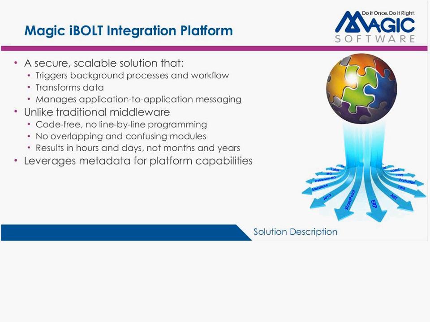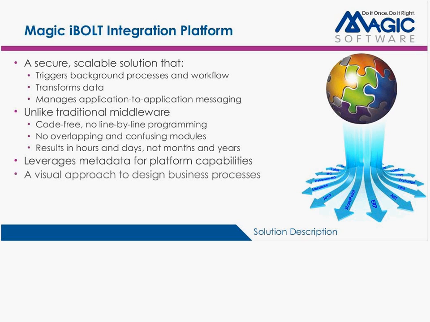And so the key to the performance factor is that the integration platform leverages metadata for its platform capabilities, so that you're working with things like components rather than having to write code.